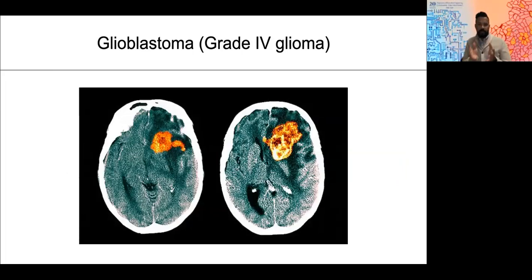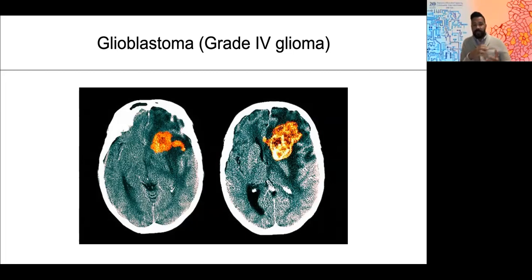Okay, so now that I've introduced the method, I want to switch gears a little bit to take a minute to introduce glioblastoma multiforme, or grade 4 astrocytoma, which is really one of the main biological focuses of my new lab. Glioblastoma is unfortunately both the most common and most malignant form of primary brain cancer.